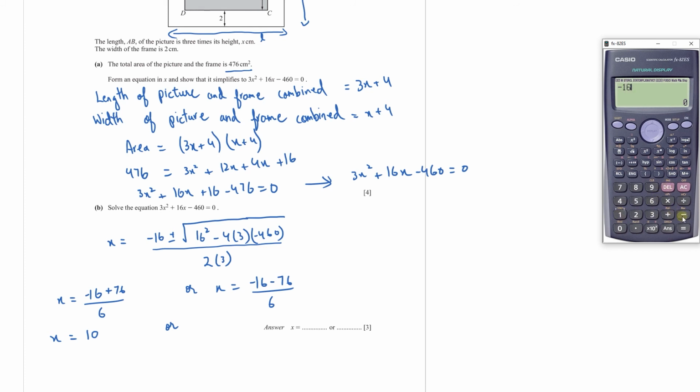Oh, minus 16 minus 76 will be minus 92 over 6. So x equals to minus 92 over 6. So 92 divided by 6 will be minus 15.3. So this will be minus 15.3. So x is 10 or minus 15.3.